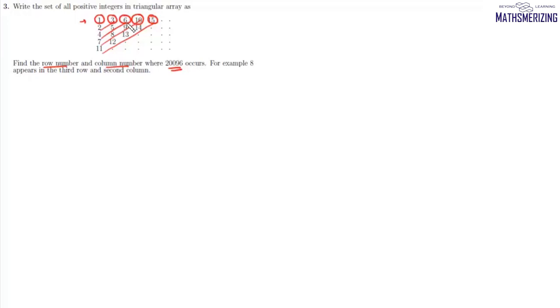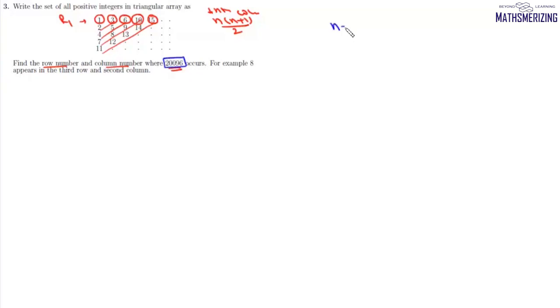Here it is 1 plus 2 plus 3. Here it is 1 plus 2 plus 3 plus 4. This is 1 plus 2 plus 3 plus 4 plus 5. So at first row and nth column, this number will be n into (n plus 1) by 2. Now we need to find the row number and column number of 20096.